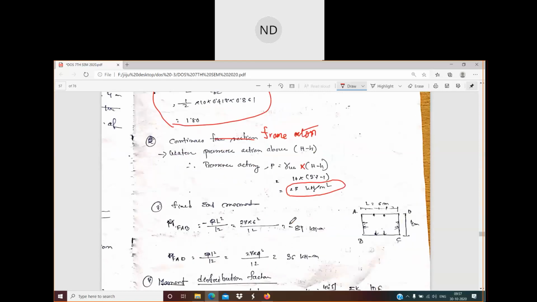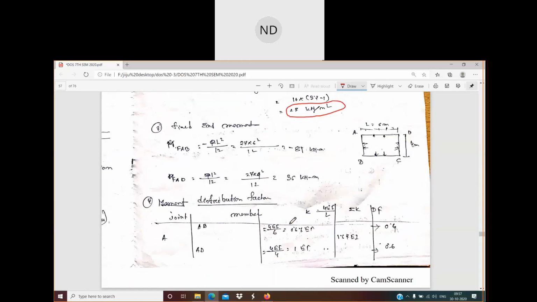Now we will find the final fixed end moment. Suppose this is the plan of the rectangular tank. This is the longer wall, 6 meter, and this is the shorter wall, 4 meter.